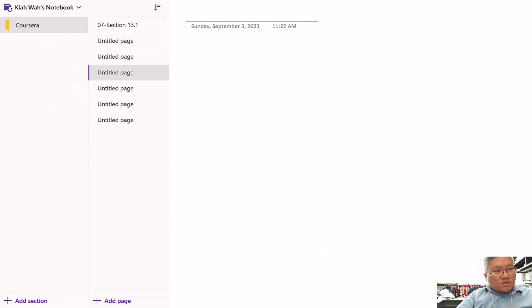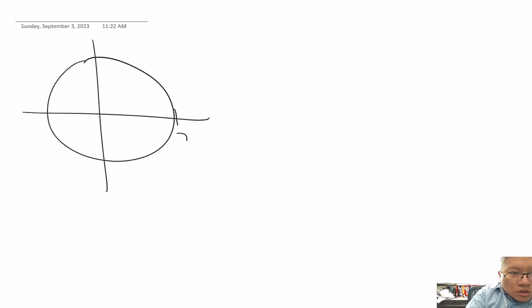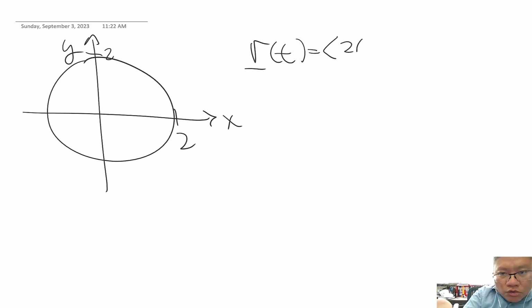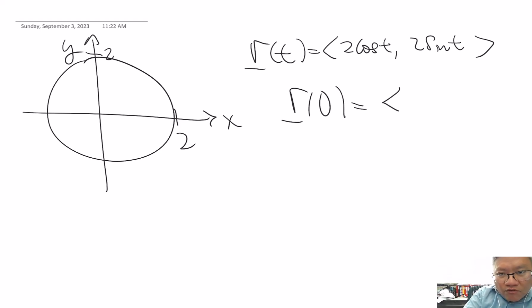Right here, x and y axes. Let's do that one more time. I'm saying that this is 2 cosine t, 2 sine t. If my t is equal to 0, I will have this position vector (2, 0). So where is it? It's pointing right here.